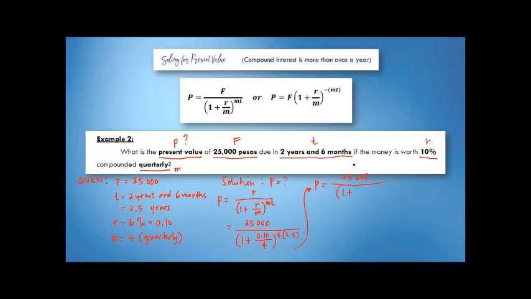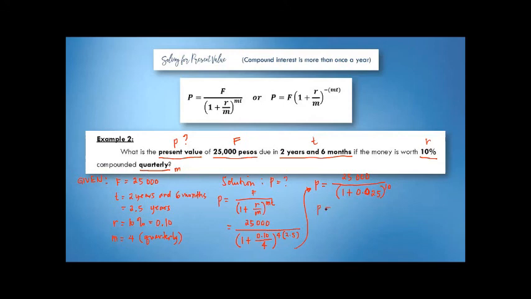The answer is 0.025 raised to 10, because 4 times 2.5 is 10. So 0.10 divided by 4 is 0.025. Then 4 times 2.5 is 10.